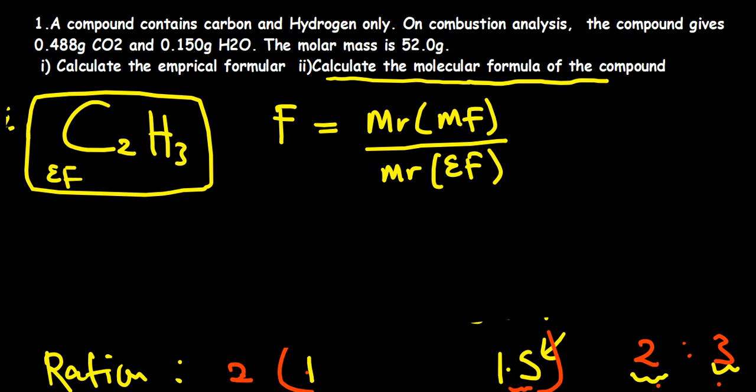So the molar mass of the molecular formula is 52, and then we are dividing by the molar mass of the empirical formula. So how do you find the molar mass of the empirical formula? You go to your empirical formula here, and it will be 2 multiplied by 12.01 plus 3 multiplied by 1.01.